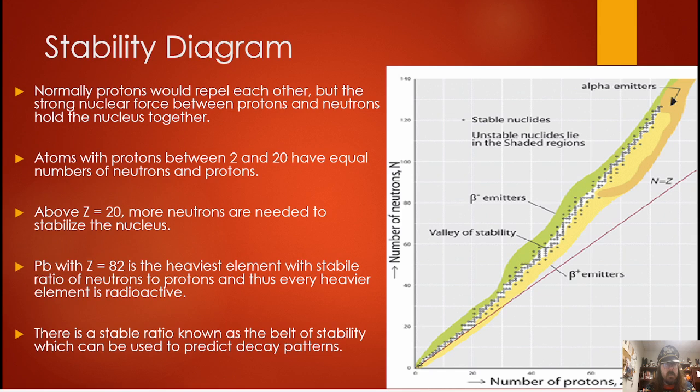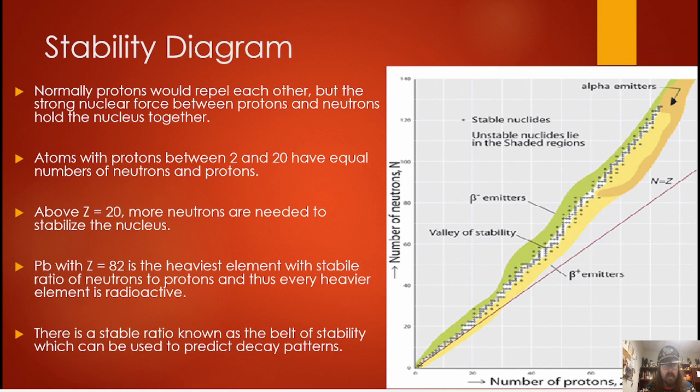But as you start to get more and more protons above atom 20, you start to need more neutrons to stabilize it. And once we get to lead 82, lead is the heaviest known stable element, it has a stable structure that is not necessarily radioactive.